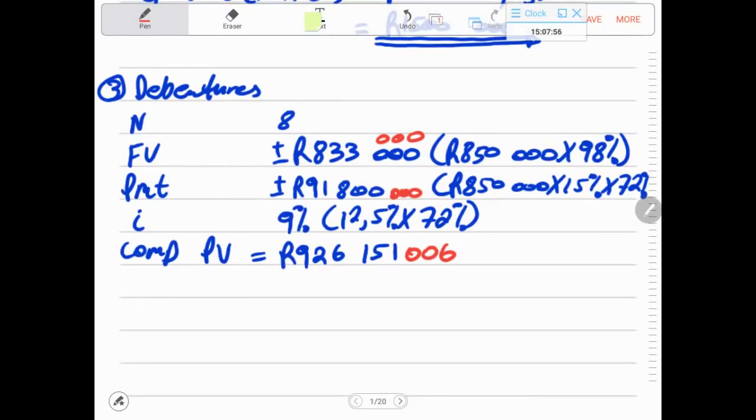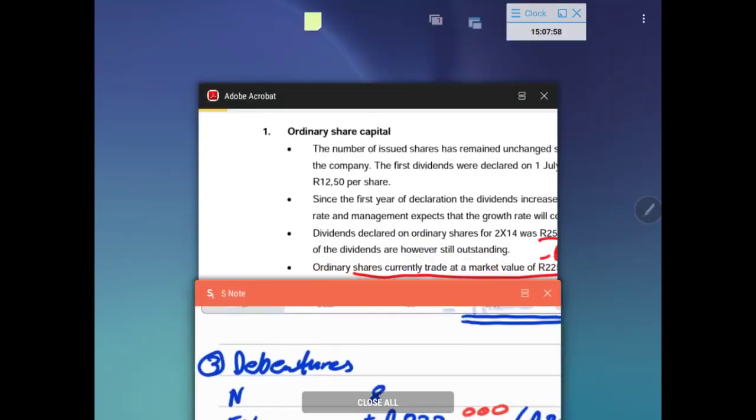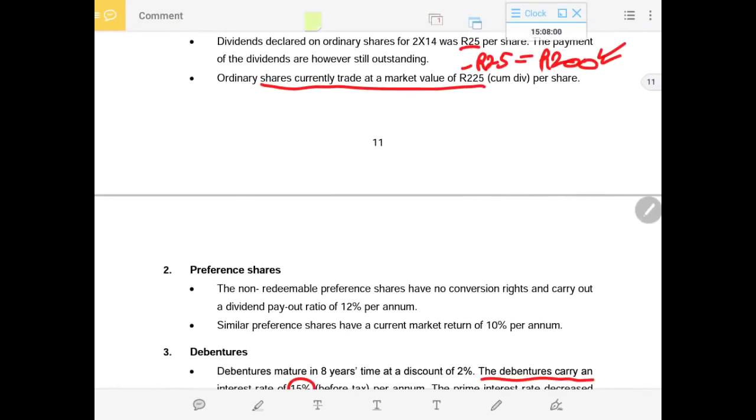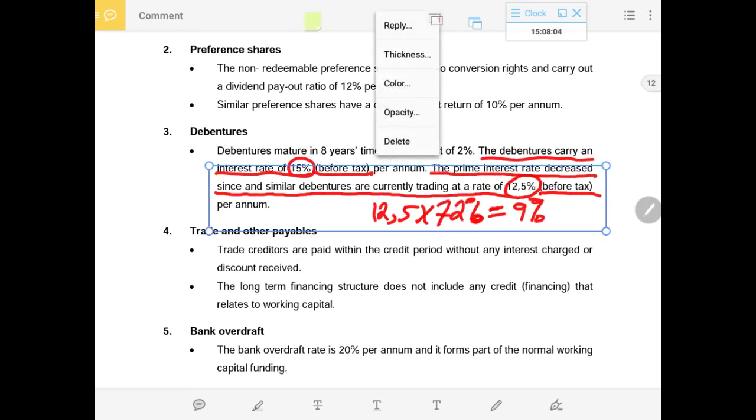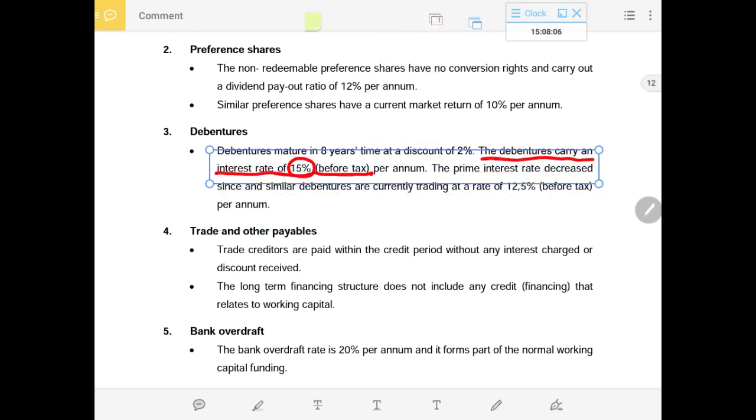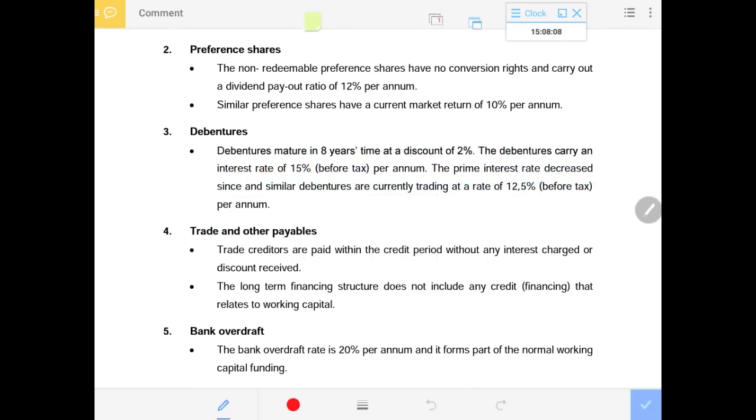And the minute I have completed this, I am almost at the completion stage. Let me check what else is given to me, or what else I need to calculate. Then we have trade and other payables, which are short-term funding. The trade creditors are paid within the credit period without any interest charge or discount received.